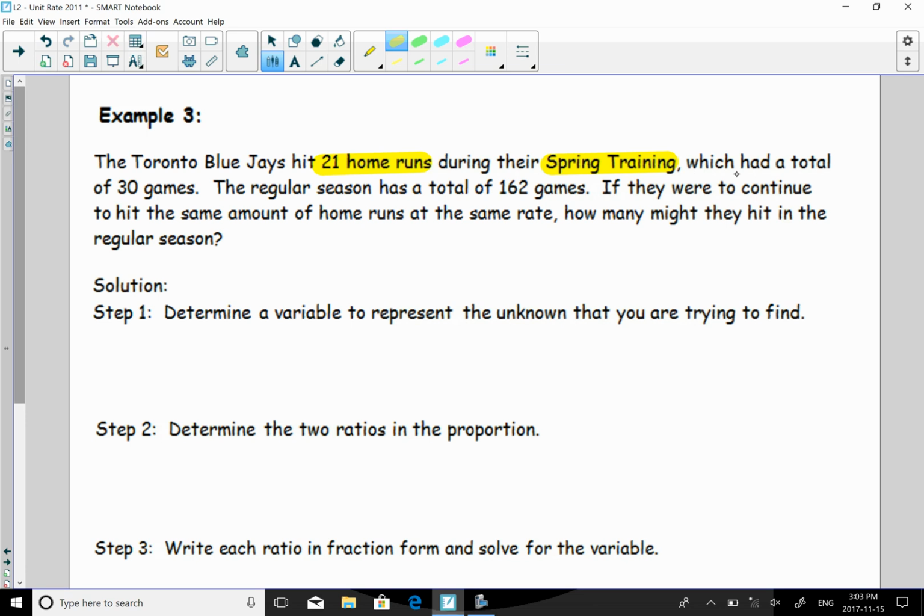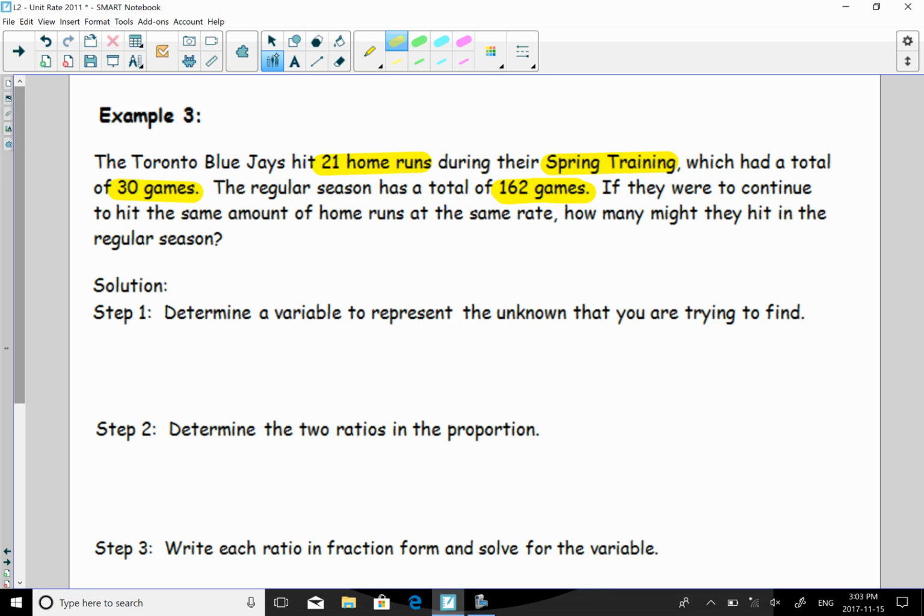That had a total of 30 games. The regular season has a total of 162 games. So I know this is the total and that is the total. If they were to continue to hit the same amount of home runs at the same rate, how many might they hit in the regular season?